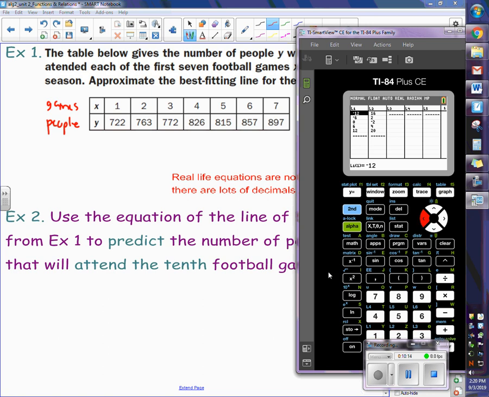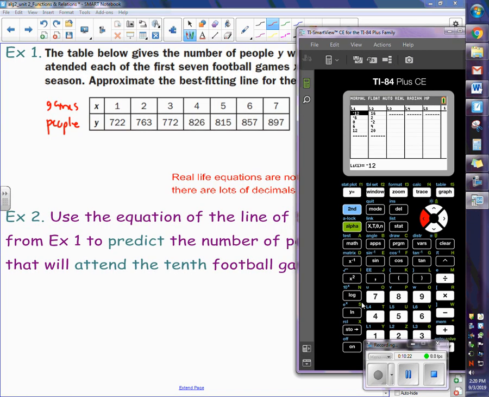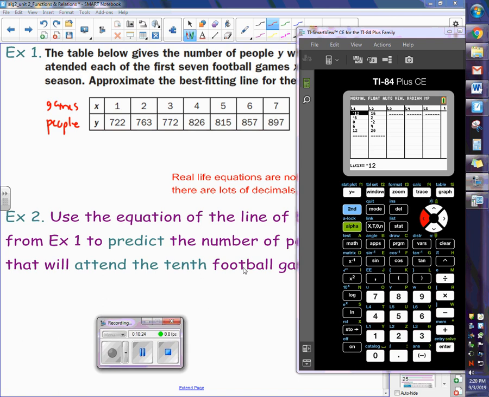And now enter the information. So put all your X values in L1, and hit enter after each one. So that's 1, enter, 2, enter, 3, enter, 4, enter, 5, enter, 6, enter, 7, enter.